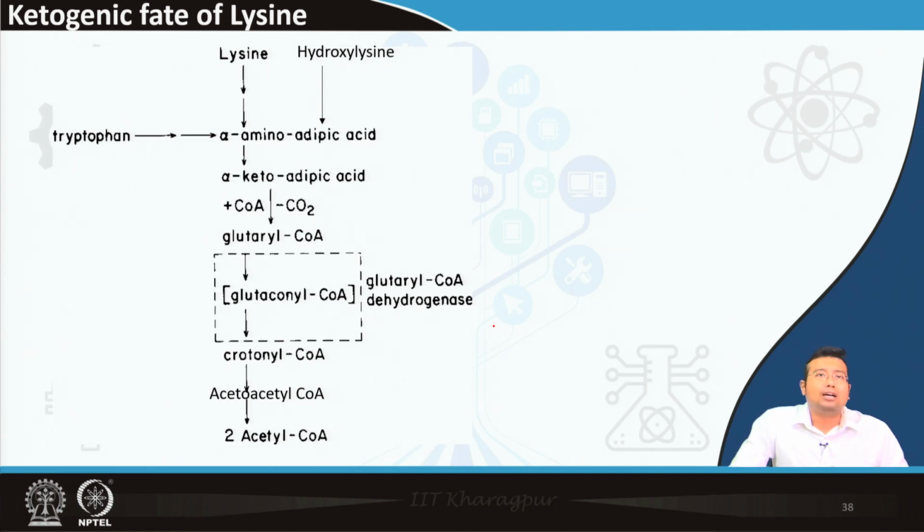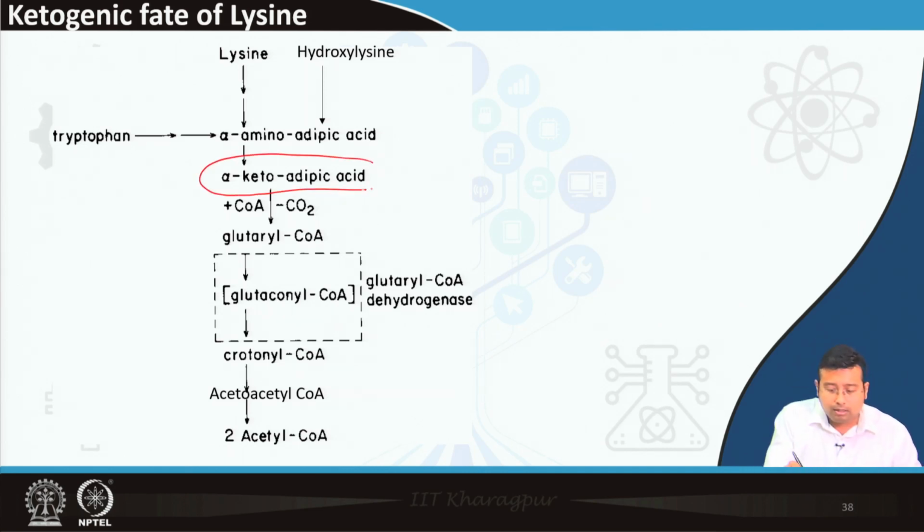Finally, we need to know the ketogenic fate of lysine. We already discussed what is the fate of lysine, right. So, in this reaction, what we need to know is this intermediate alpha keto adipic acid.